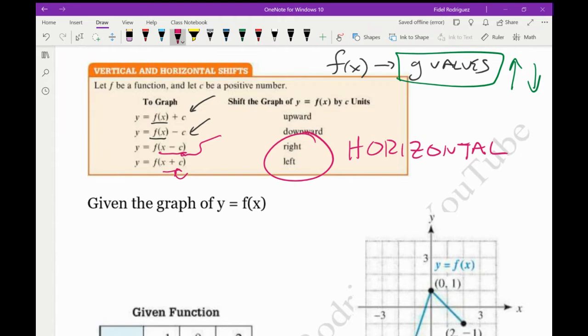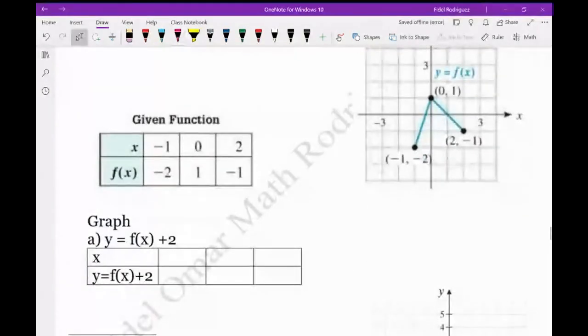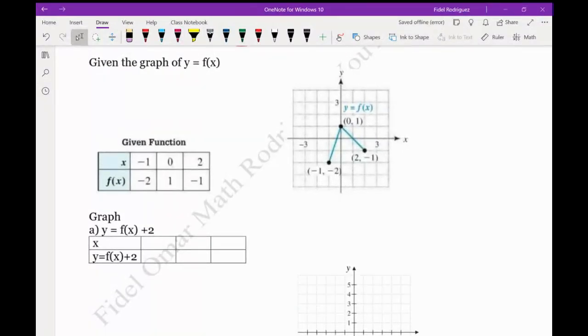So we're just going to look at our first problem here. It says, given the graph of y equals f of x, so there's our graph, guys. And not only do we have the graph, but we actually have a table of values as well. We're going to figure out how to graph y equals f of x plus 2.